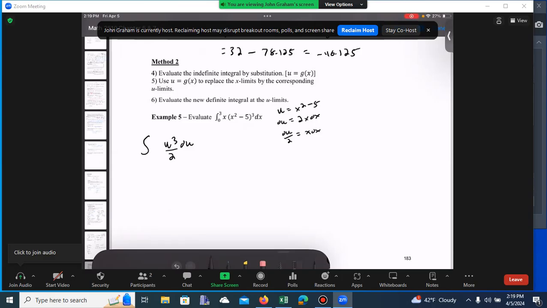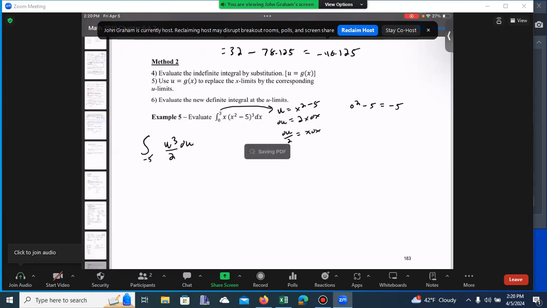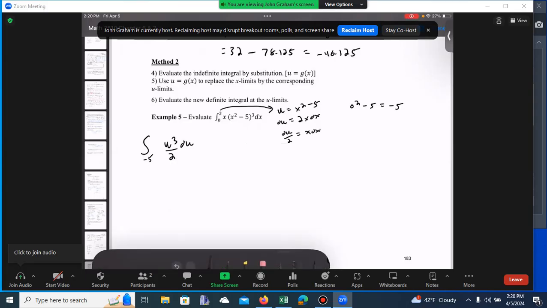This time we do want to find our new limits. The way we do this is we plug our 0 and our 3 into our u. So 0 squared minus 5 gives me negative 5. That 0 becomes negative 5. 3 squared minus 5, so that's a 4.